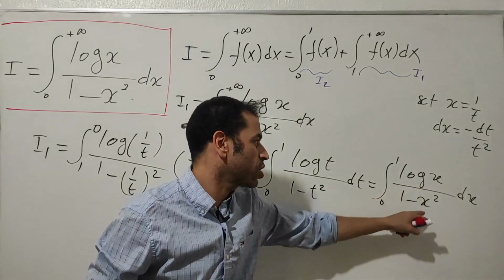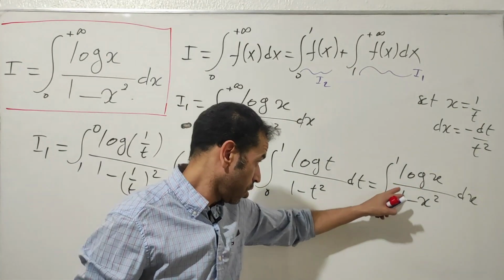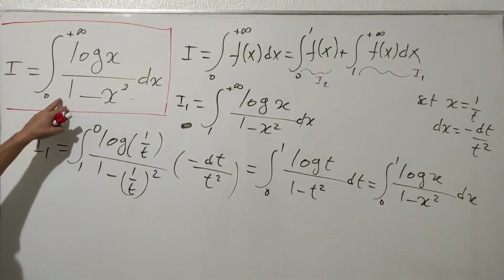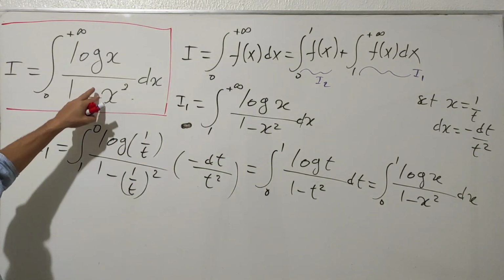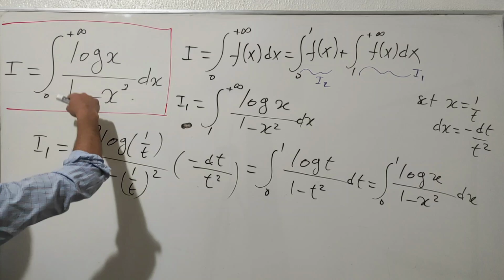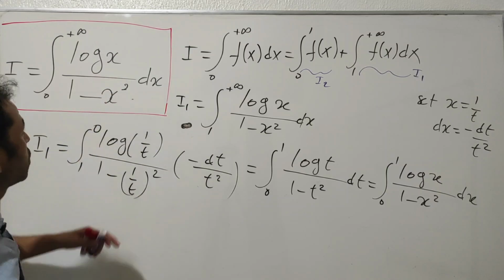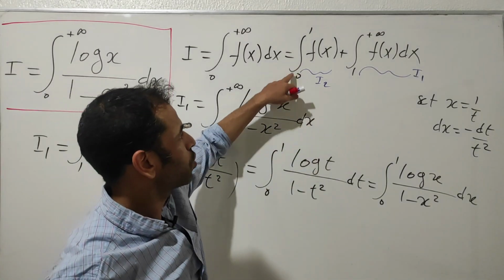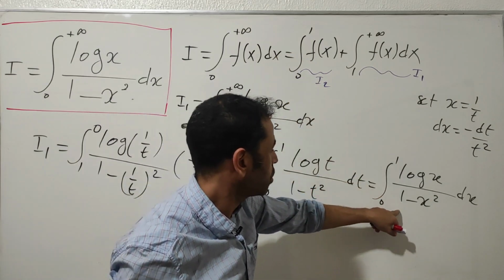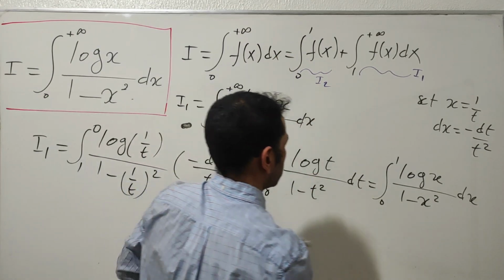If you take a look at the expression of this integral, it looks the same as I had previously, which is this one integral. So the function is the same, log x over 1 minus x squared, and the bound is the same as this one. Which means this integral equals this one.